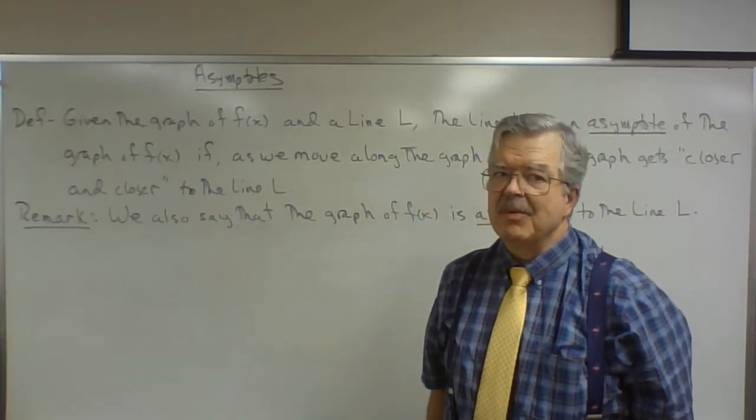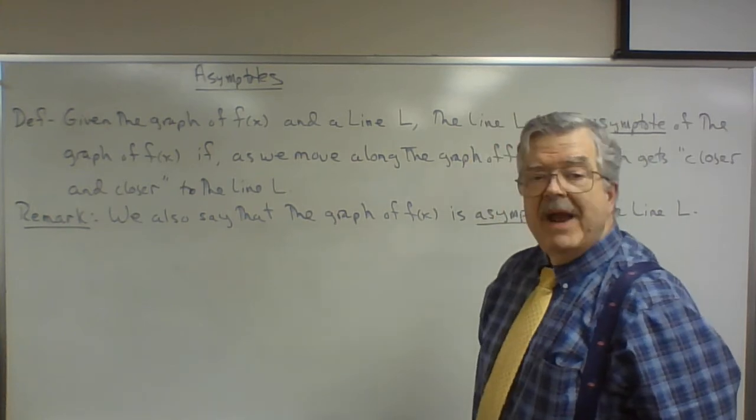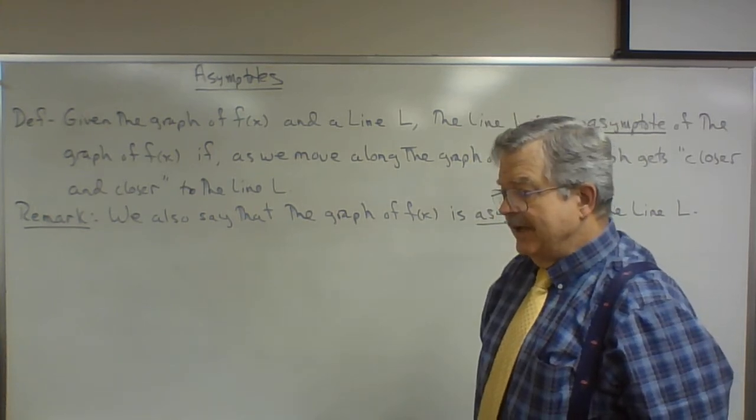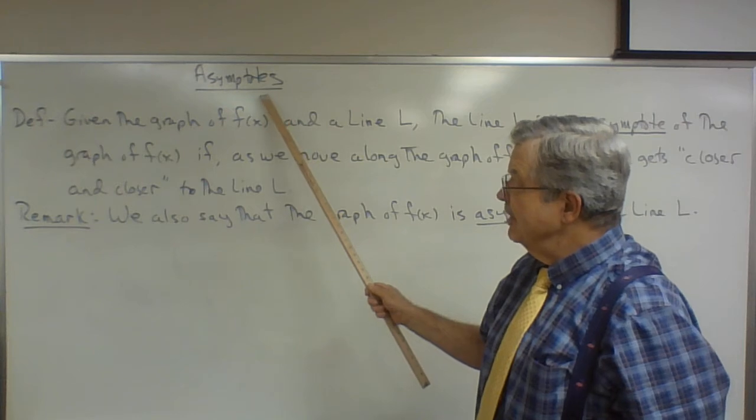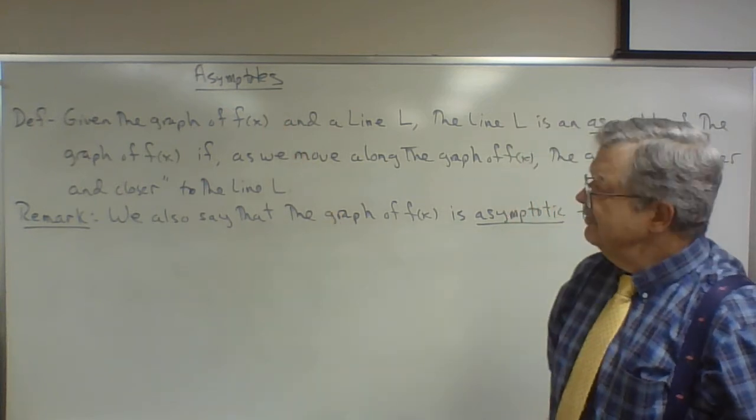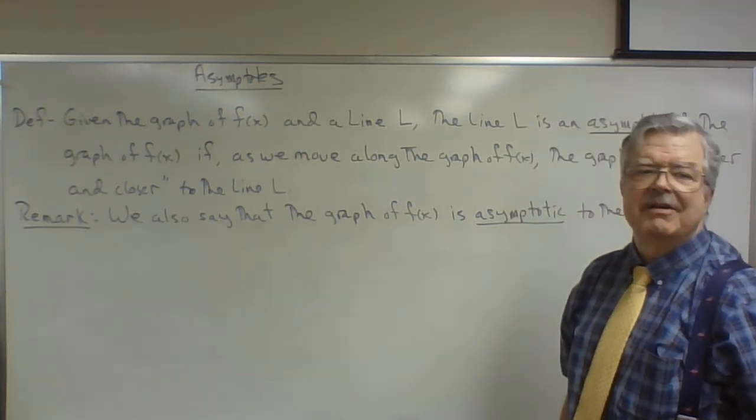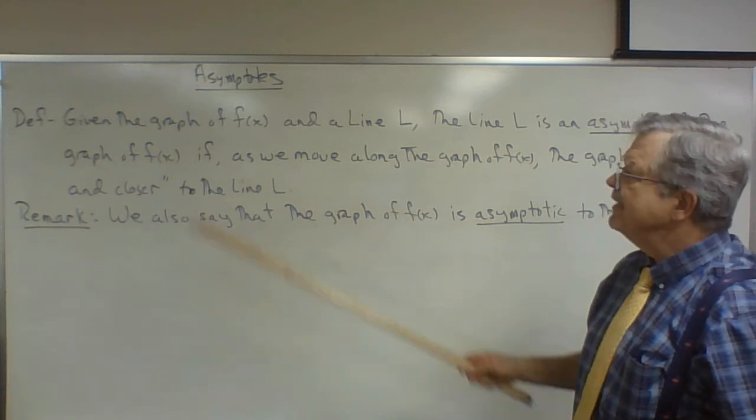Oftentimes, but not always, rational functions have something called asymptotes. So we'll look at the definition of an asymptote right now.